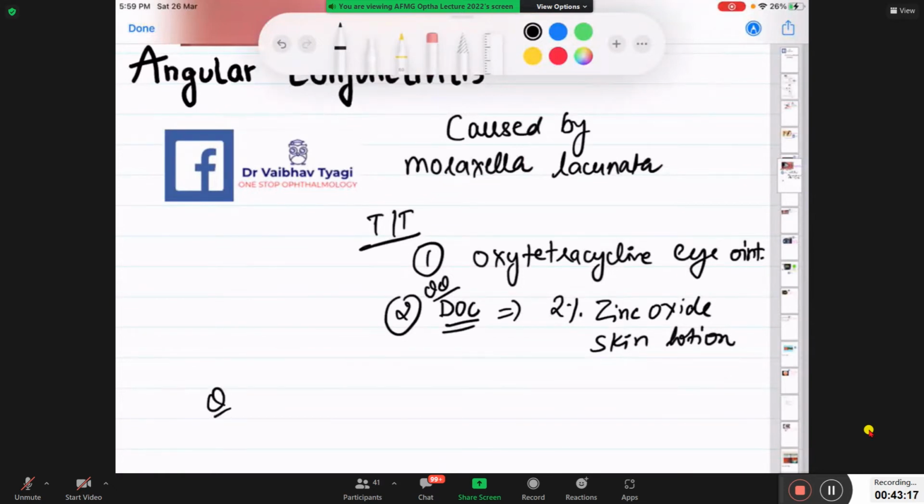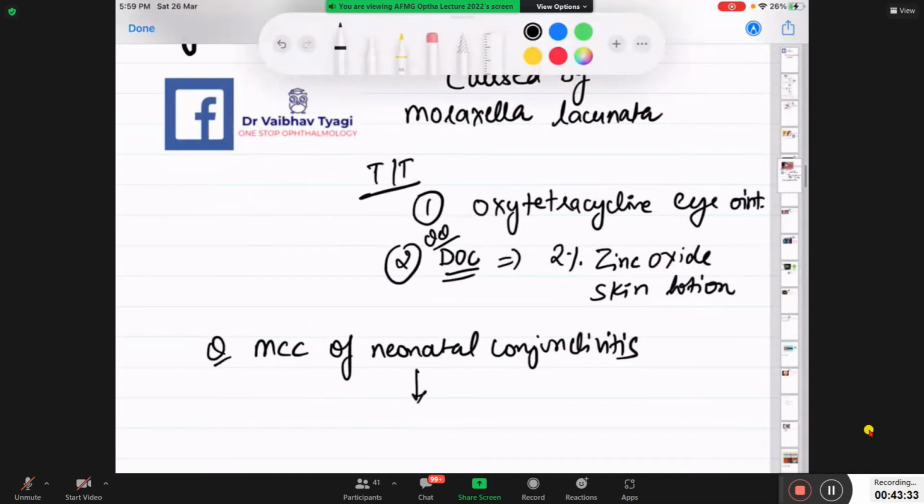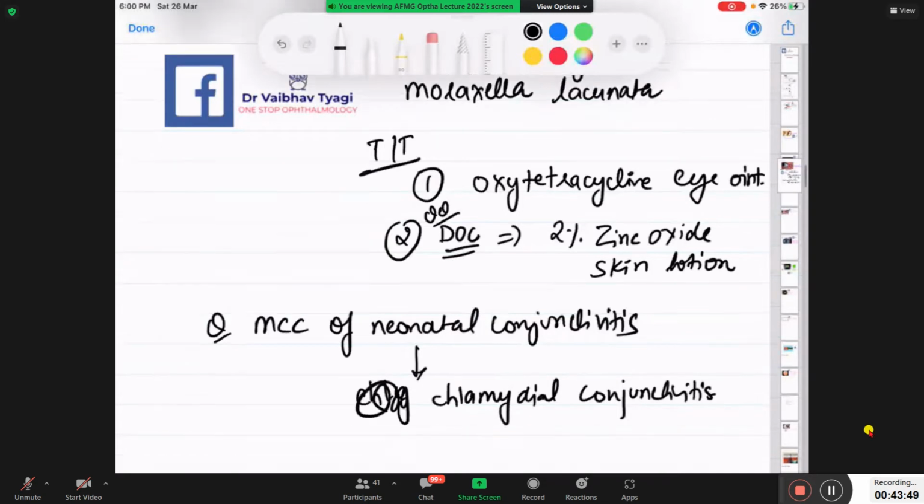Next important question, write down. If they ask you the most common cause of neonatal conjunctivitis, the answer will be chlamydial conjunctivitis.